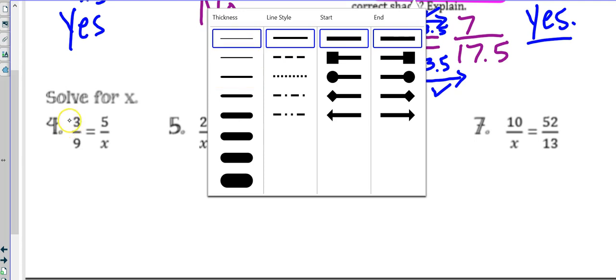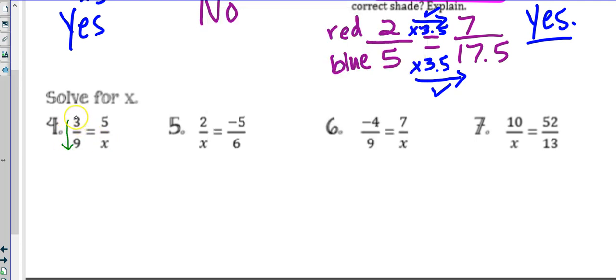I see this relationship here, 3 and 9: 3 times 3 is 9. So I'm going to apply that same relationship here, and I get x is equal to 15 because it's the same relationship. We have the equal sign, so we know they're proportional. Now we just need to figure out the missing number.